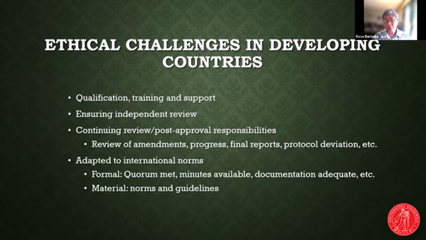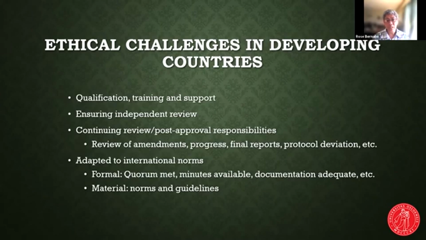And then another ethical challenge will be the adaptation of an ethics committee in a low and middle income country to international norms, simply because these international norms require many things, which means putting in resources, right? So there will be, of course, the formal requirements, which may or may not be difficult to do, such as making sure that there's quorum.